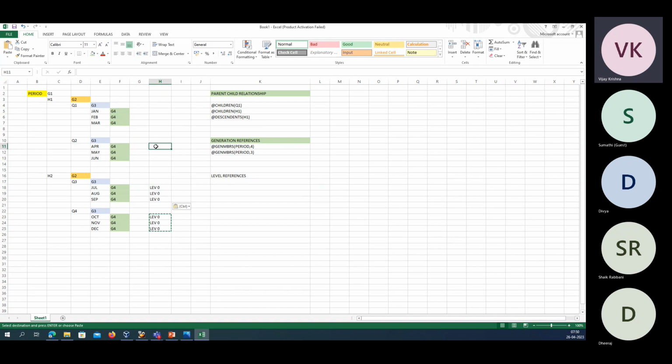So quarters are called level 1. This is level 1. This is called level 2.